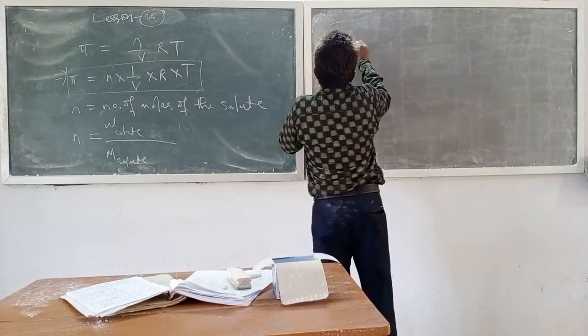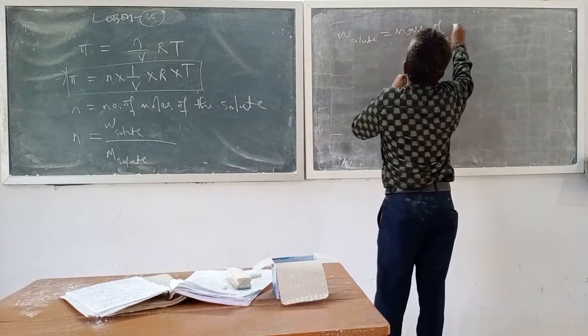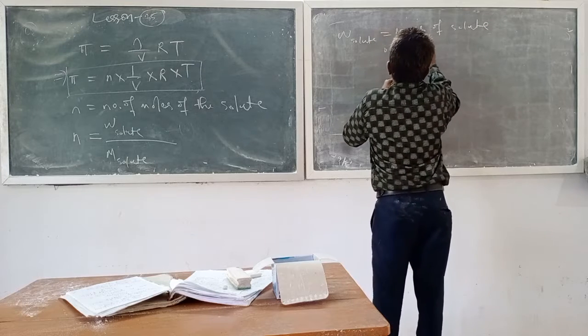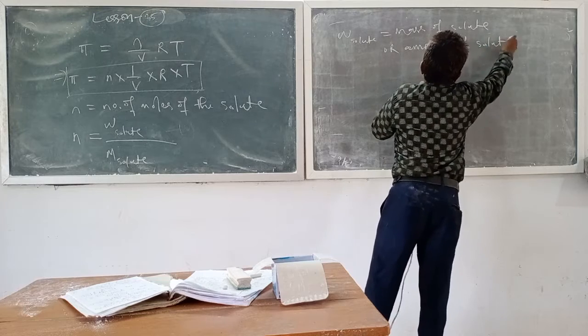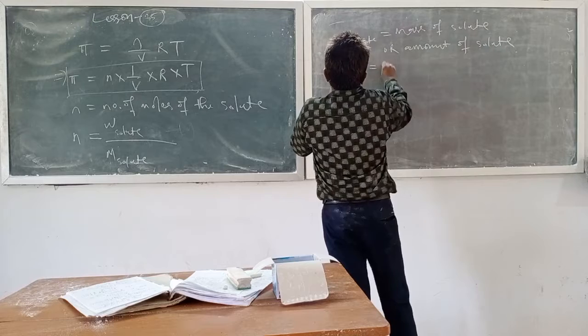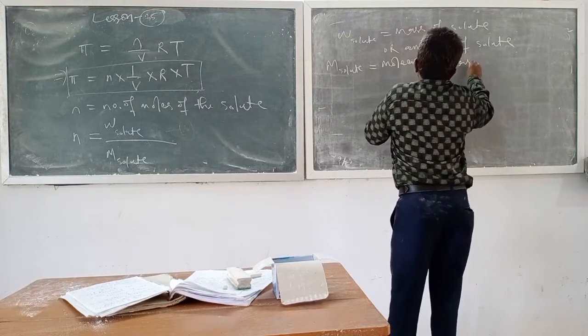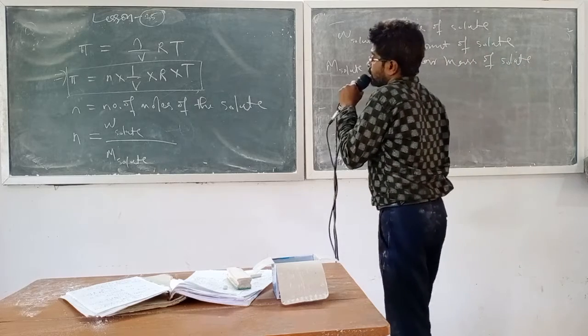W solute is the mass or amount of solute, and M solute equals the molecular mass of solute.